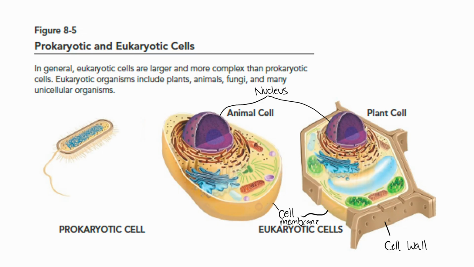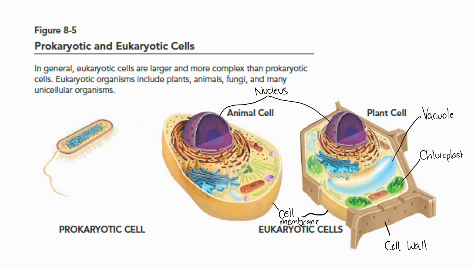So both of them have a cell membrane, and both of them have organelles. Another distinguishing characteristic is our chloroplast, which is only found in plant cells, and the large vacuole, which is also only found in plant cells. In animal cells, we have just mitochondria.